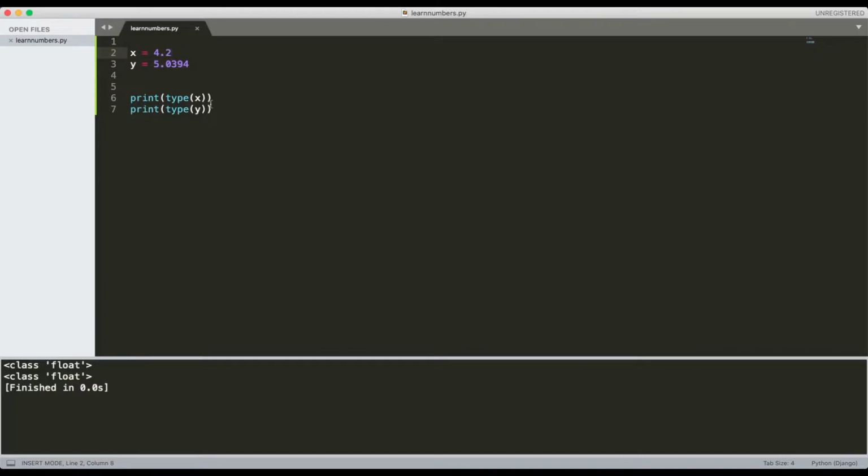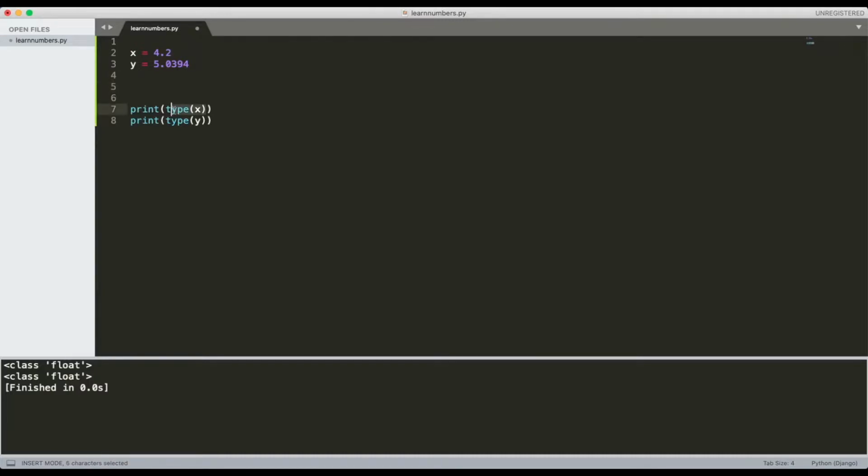Now, for numeric data in Python, what people usually want to do is have operations applied to them, right? Plus, minus, multiply. So I'll also show that here.